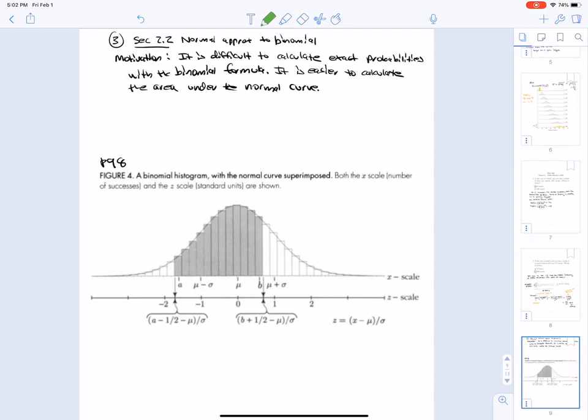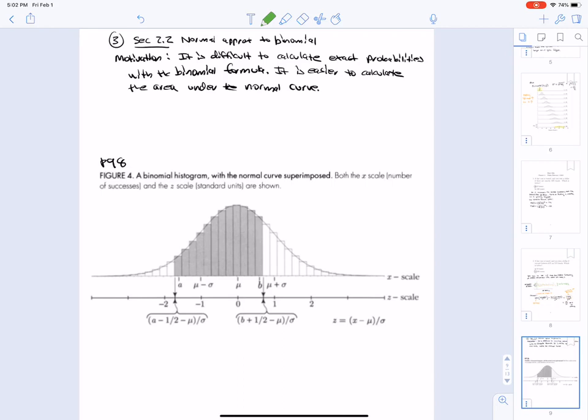So instead, if we approximate the binomial distribution, this histogram, by this curve called a normal distribution, you can just calculate it as the area between the left and the right here.